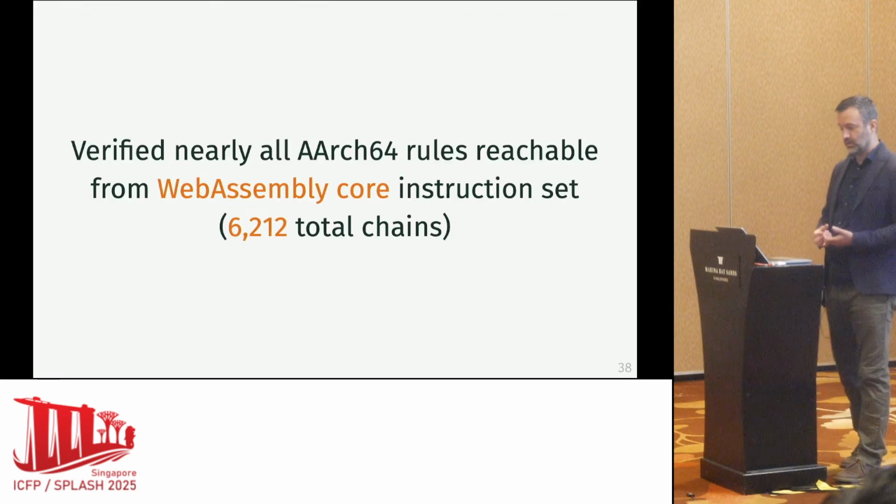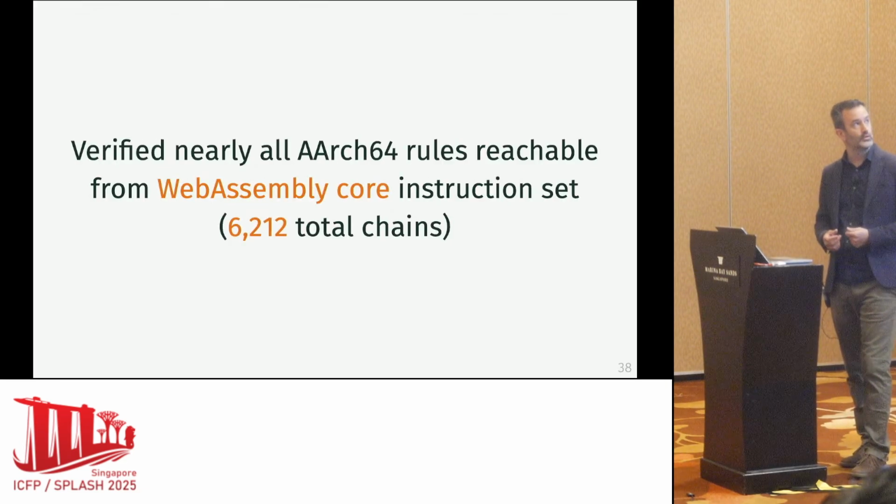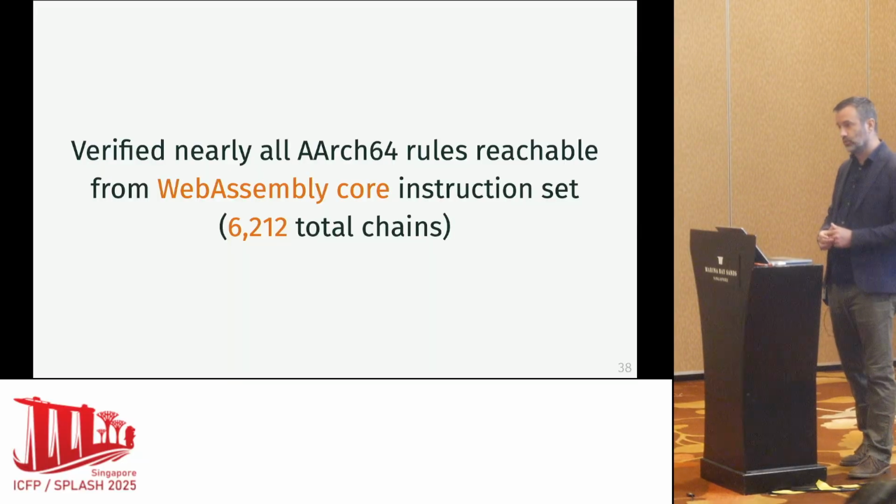So with that, we were able to use our verifier to verify almost all of this ARM backend required for compiling the WebAssembly core instruction set, totaling over 6,000 rule chains.